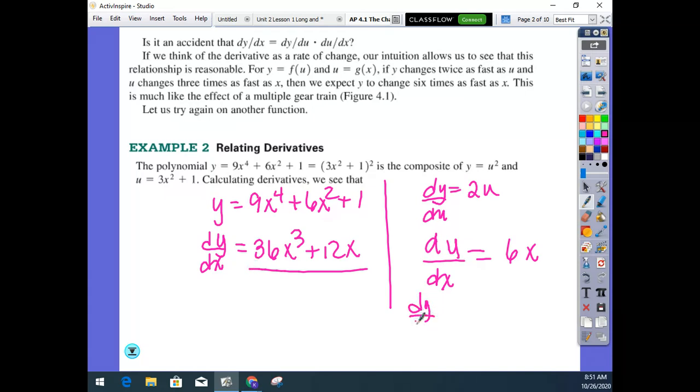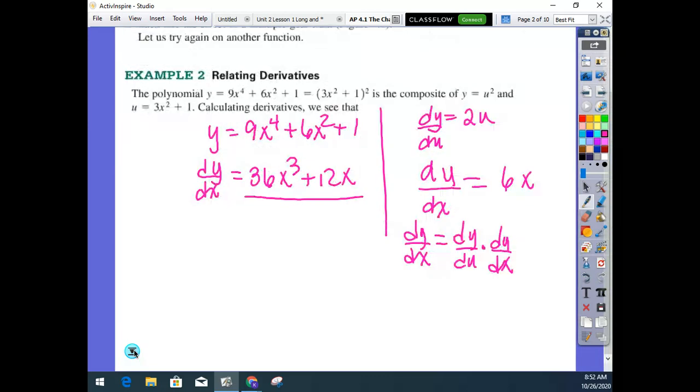dy dx equals dy du times du dx. So dy du is 2u times 6x.